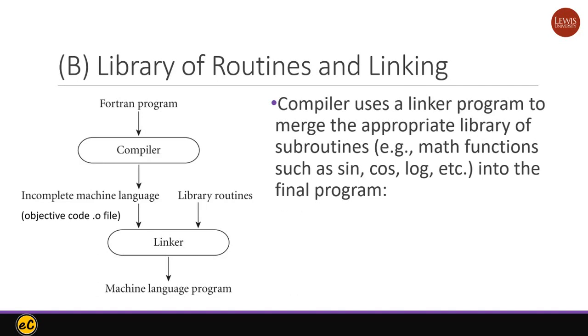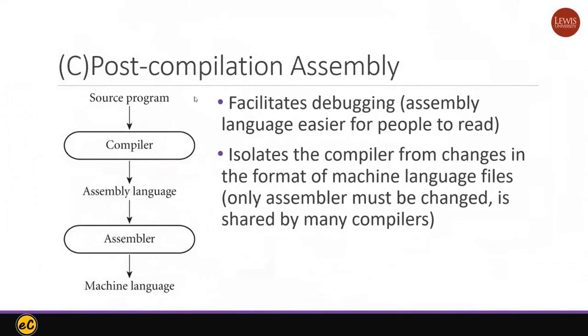So you do have the DLL files, something like that. And then post-compilation assembly: you can also compile your C++ to become assembly code, and then use an assembler to assemble it to machine code. That's also okay if you prefer to develop a system in assembly code.